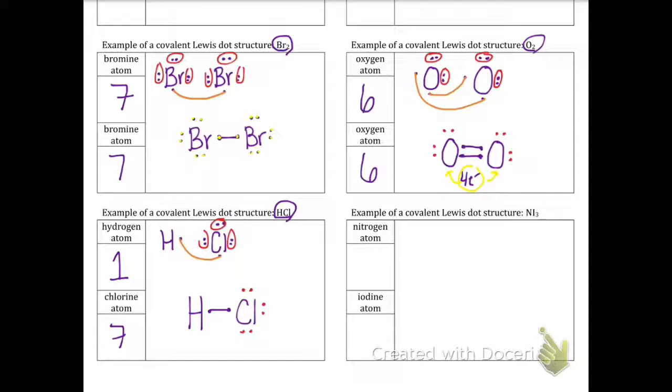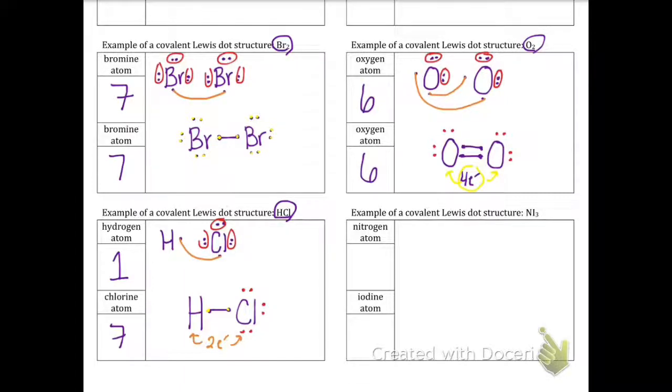Right, so chlorine gets 8 on this side, and hydrogen gets these 2 as well. So there are 2 electrons that are being shared between them, right? So hydrogen gets 2 and chlorine gets 2. So that's how chlorine has a total of 8. Hydrogen prefers to only have 2. So now everybody is happy.